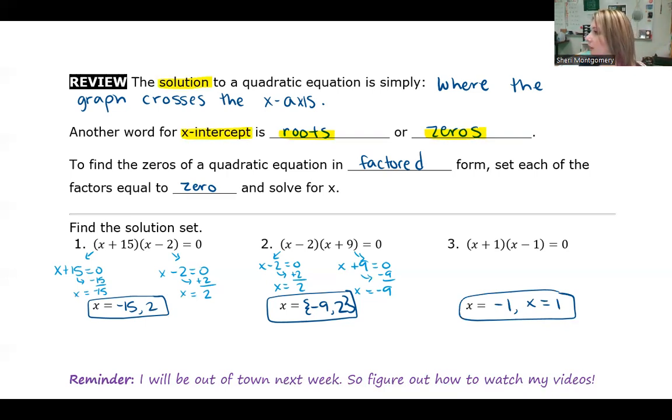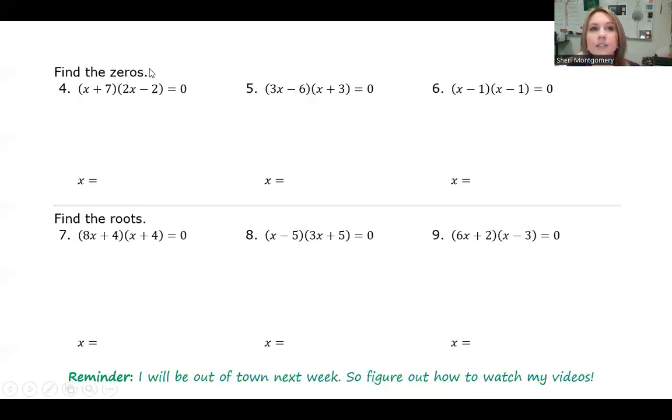Are we good so far? Do we think this is easy, just like the graphs? I hope so. This whole front page should be easy. All right, so we're going to continue doing this. Some of them are super simple. Looking at question number 4, zeros are the same thing as x-intercepts. You're splitting them, setting them equal to 0.